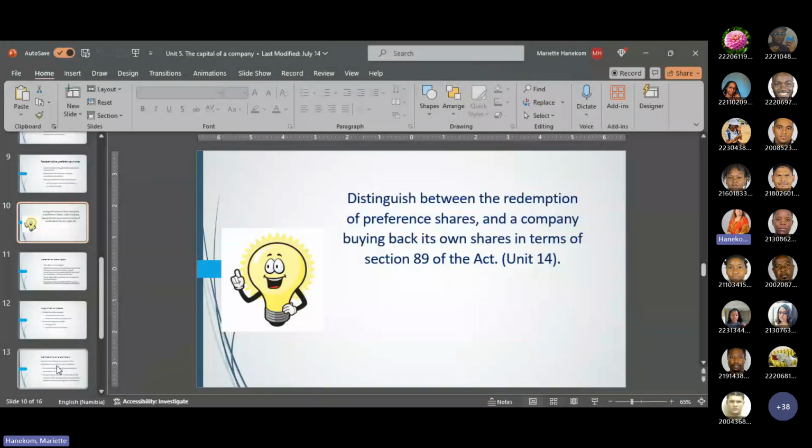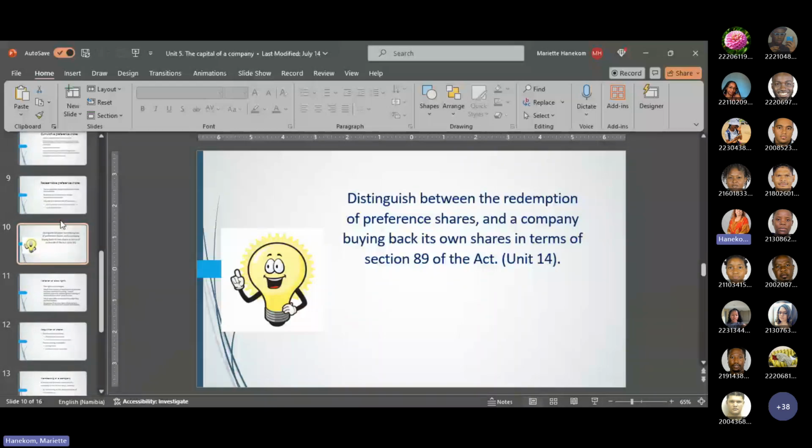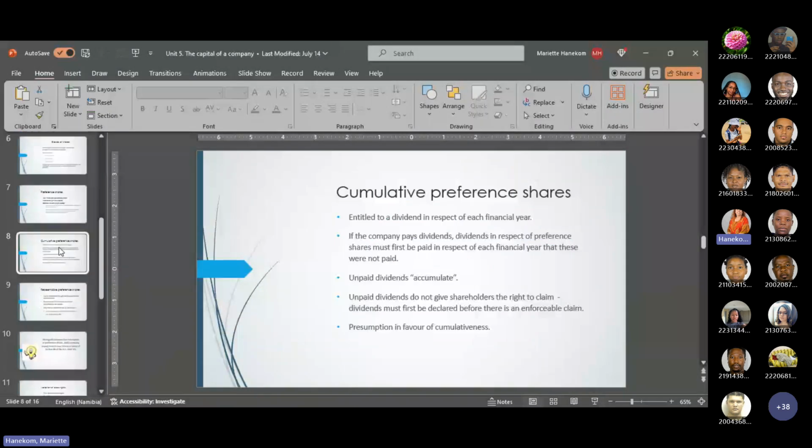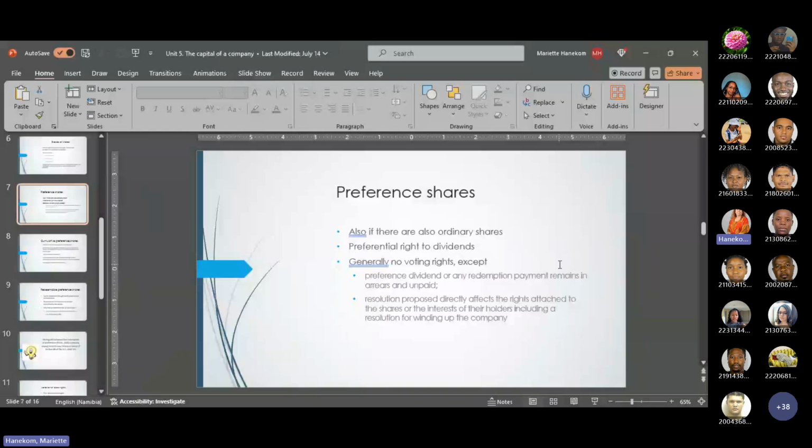Okay, so those are preference shares. Just to summarize quickly, preference shares are normally cumulative. Their dividends accumulate. They stand first in the queue when it comes to receiving their dividends. Their dividends aren't declared in a particular year, they accumulate.